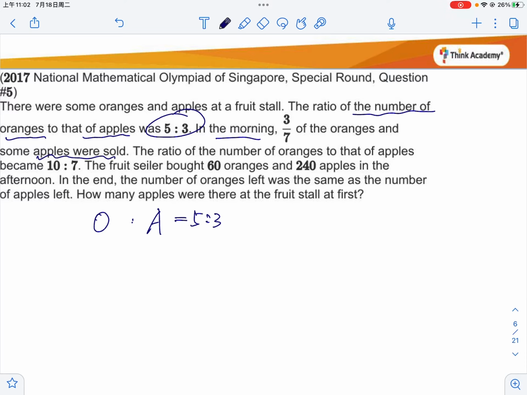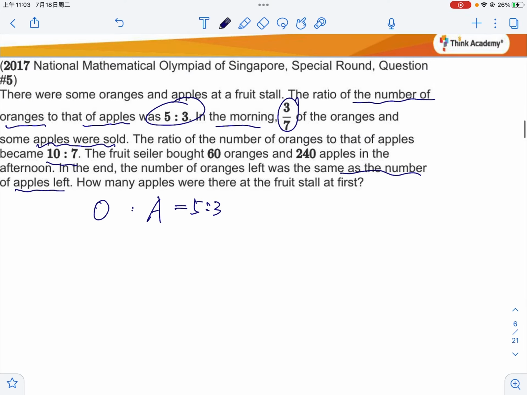So we don't know how many apples were sold. We only know that 3/7 of the oranges were sold. And the ratio of oranges to apples became 10 to 7. The fruit seller bought 60 oranges and 240 apples in the afternoon. So in the end, the number of oranges left was the same as the number of apples left.